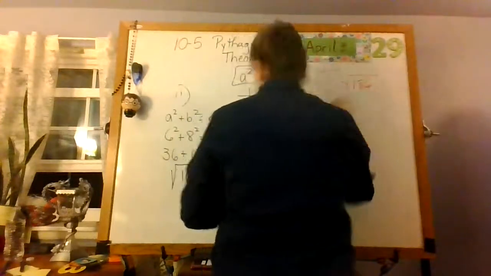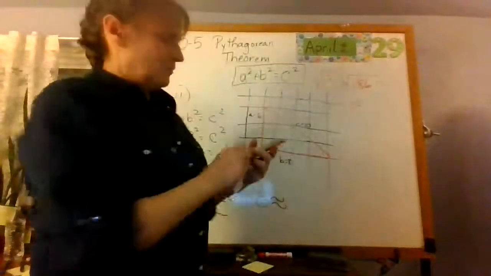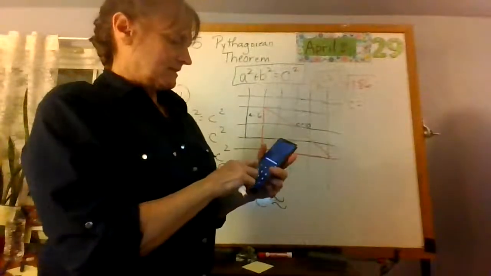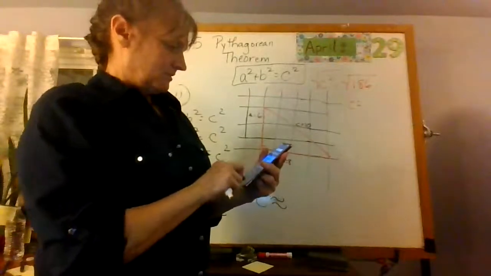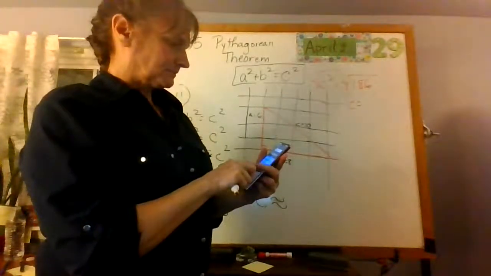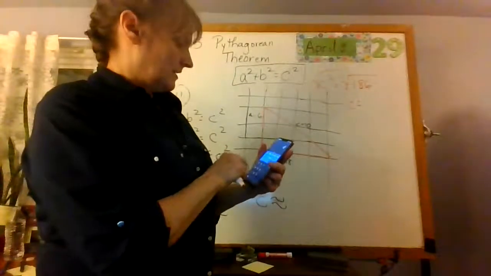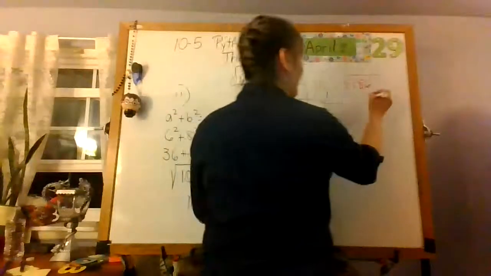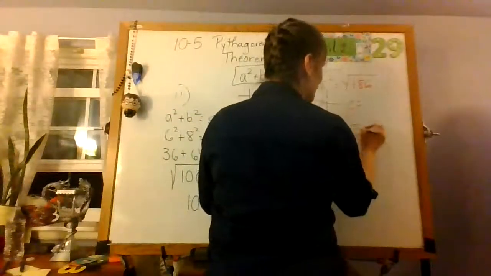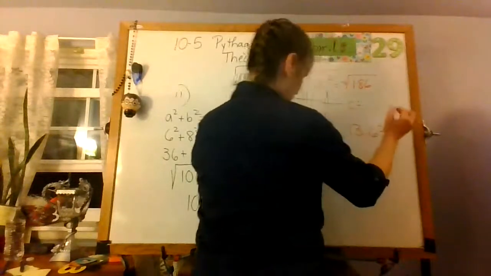So c equals, and so I am going to put in my square root sign, and then 186. Okay, 13.6381, and so on.